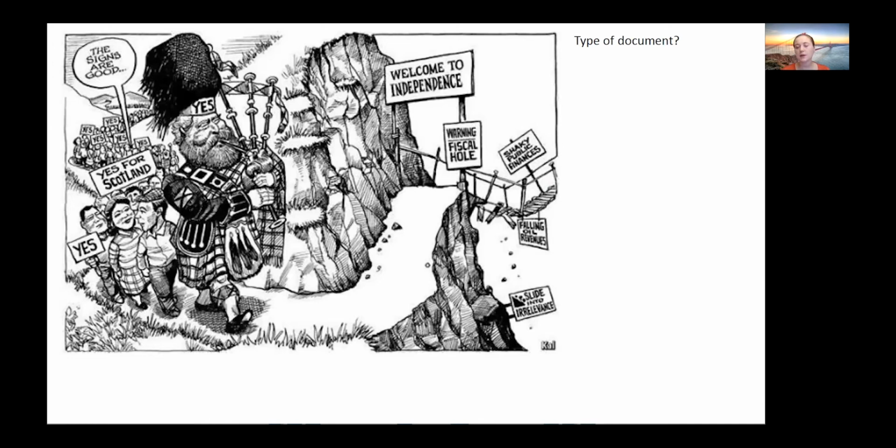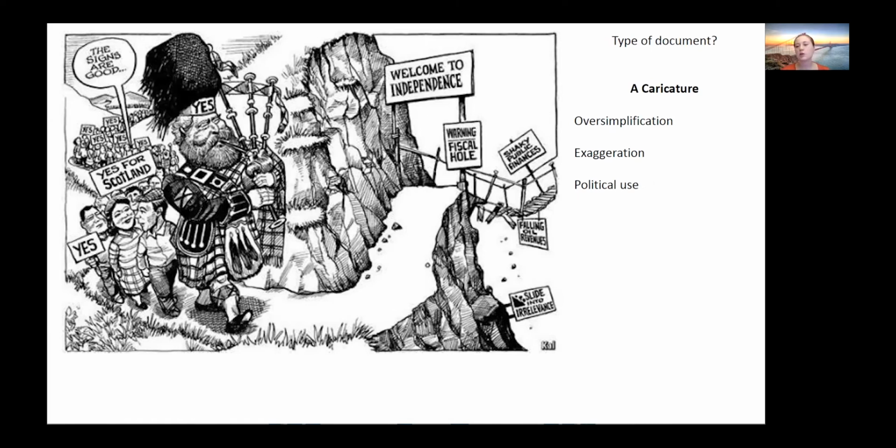Besides the paratext, another thing you need to be careful about is to identify quite rapidly the type of document that you have under study. So here, quite obviously, the type of document is a caricature, also called a cartoon. So how does a caricature work?